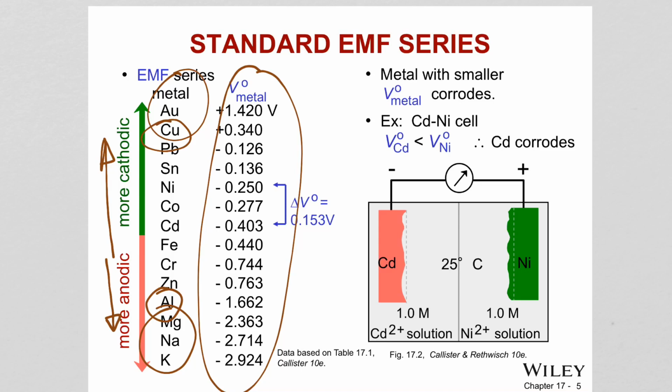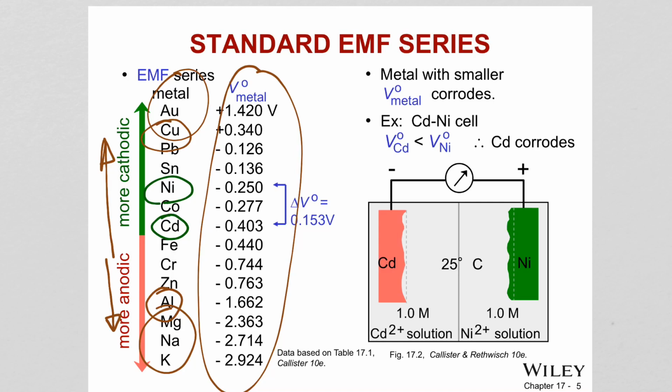There is another example given to us here for cadmium and nickel. So let's take a look at that. Let's locate them. Cadmium is here, nickel is here. Nickel is more cathodic compared to cadmium.